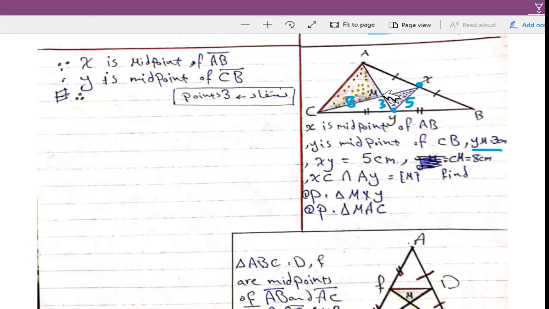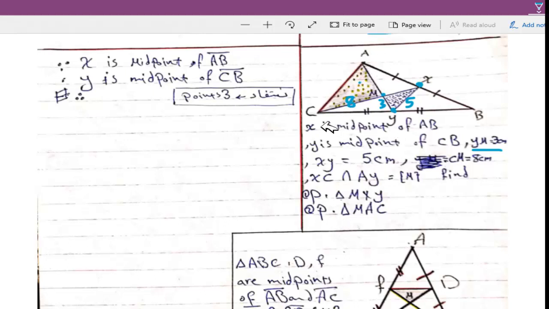This is the point of intersection of the medians. Find the perimeter of the triangle XMY, the smallest one, and the perimeter of MAC, this one.